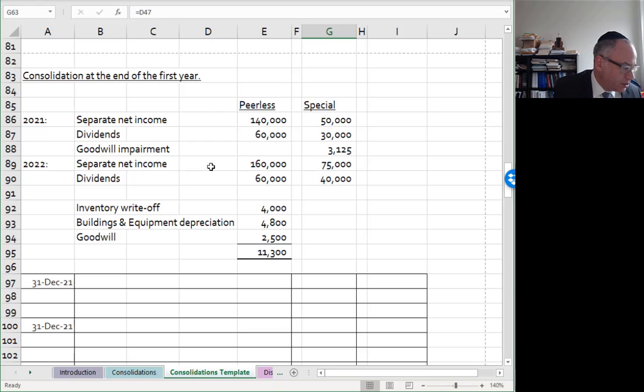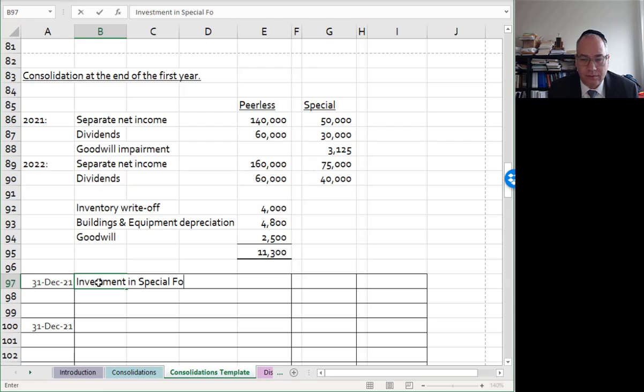So here's the basic information that we have, and the first thing to do is to record income under the equity method. That will be a debit to investment in Special Foods stock for Special's income times 80%, and a credit to income from Special Foods for $40,000.